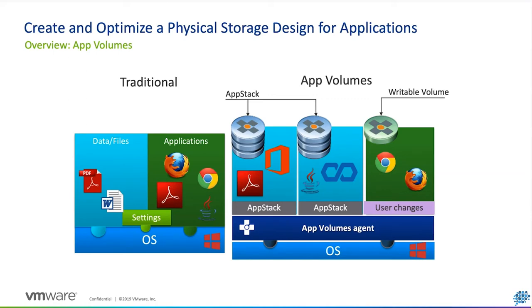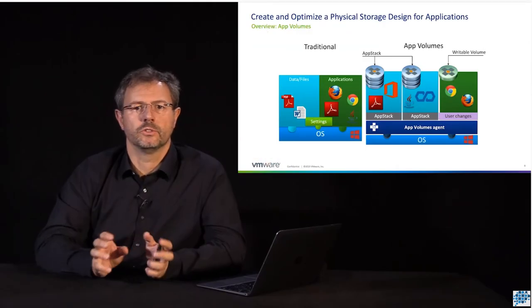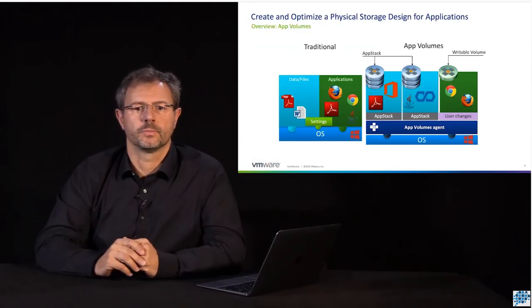Department B will get the same core app stack, but a different departmental app stack. Maybe research and development have different tools than finance, so they get a different departmental app stack. The third disk we are seeing there is the writable volume, which is a per-user disk. We can store user related data and applications there, and it moves from desktop to desktop, so that the user always has the same user experience.